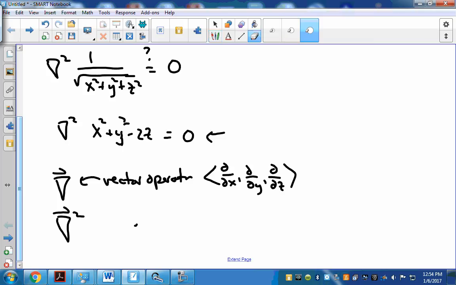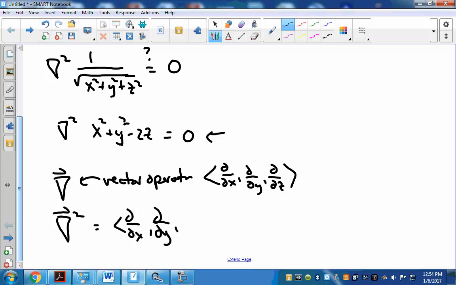Right, this is the gradient squared. And you can think of this as a vector dotted with a vector. So if you just go back and think dot products, say we had partial with respect to x, comma, partial with respect to y, comma, partial with respect to z, dotted with the same thing.